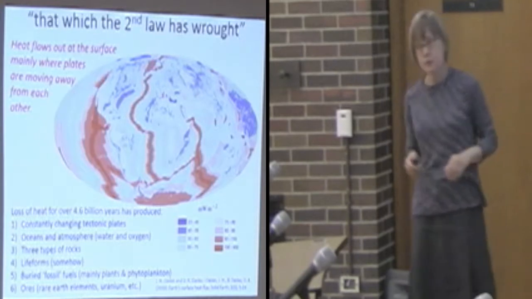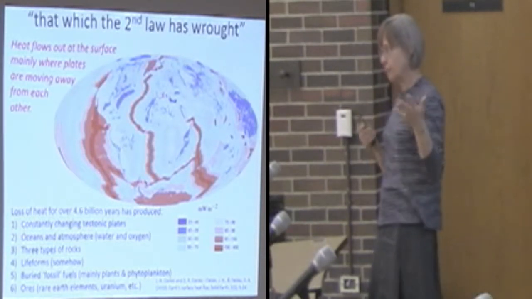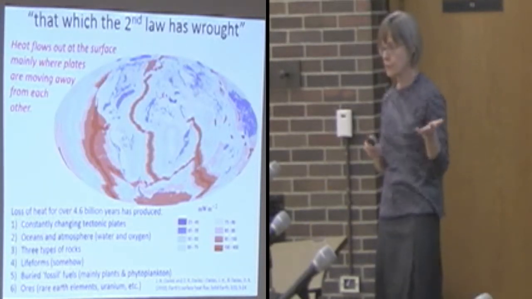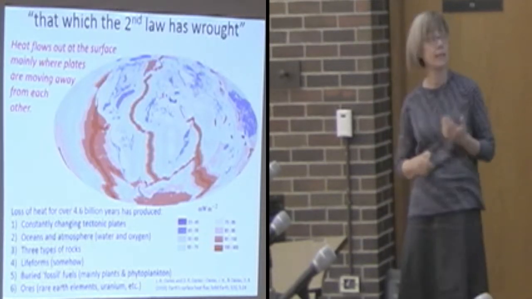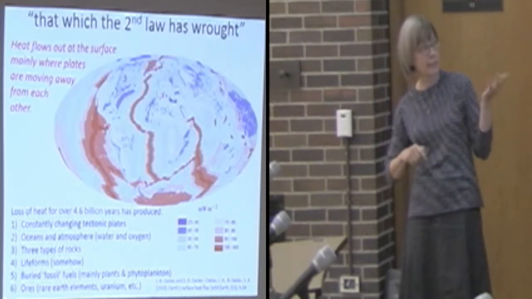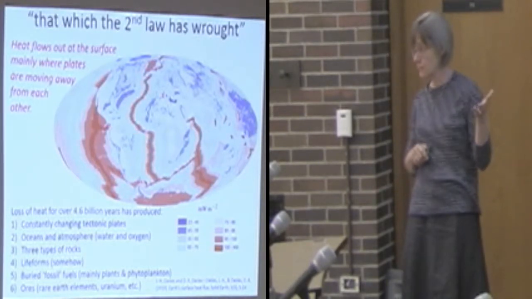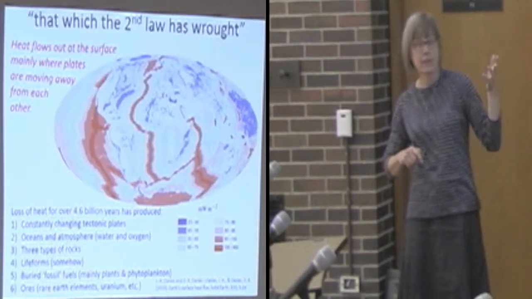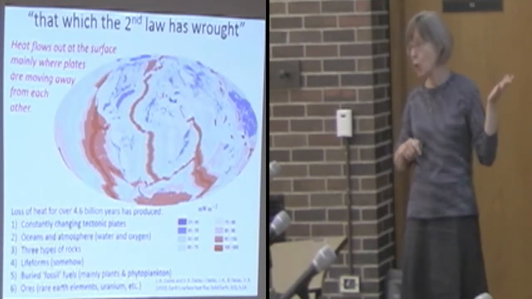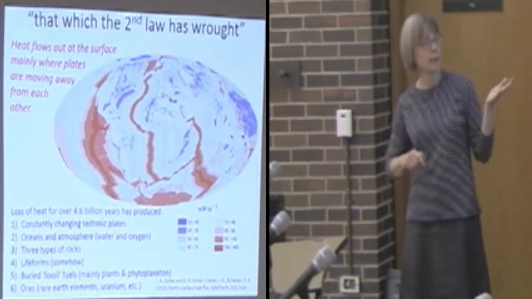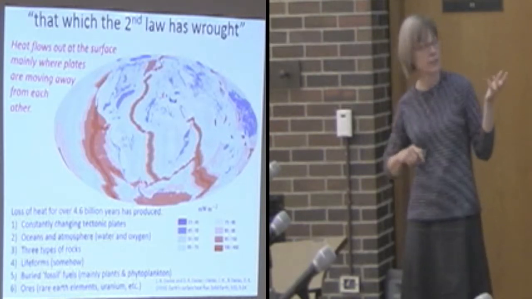Okay. So over the 4.6 billion years that the Earth has been in existence, the formation of these plates, the loss of heat, has generated the tectonic plates, which have been constantly changing. The escape of heat, loss of heat, has created the oceans and the atmosphere, and in particular I'll talk about water and oxygen.